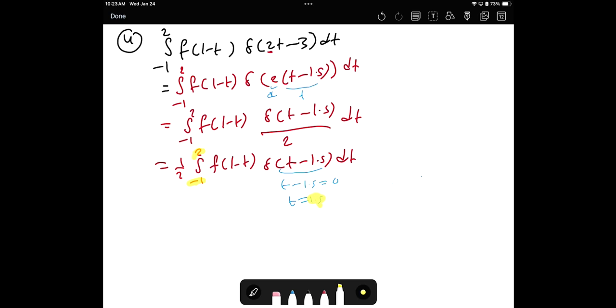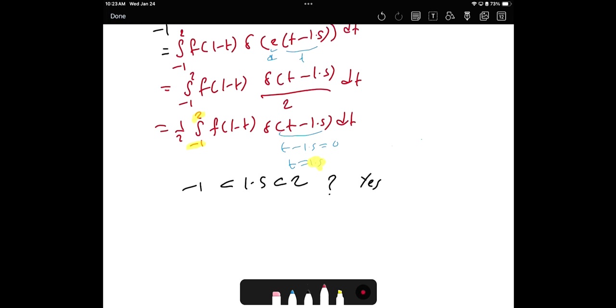So the question is, is 1.5 between -1 and 2? Yes. Then I'm ready. Yes, I can do 1/2, then f of 1 minus t, which is 1.5. So 1 minus 1.5, it will be 1/2 f of -1/2.